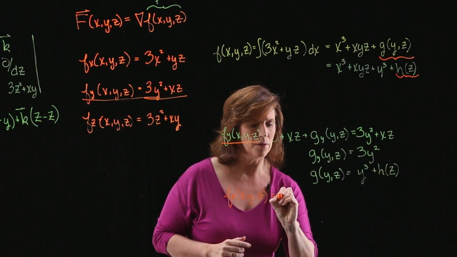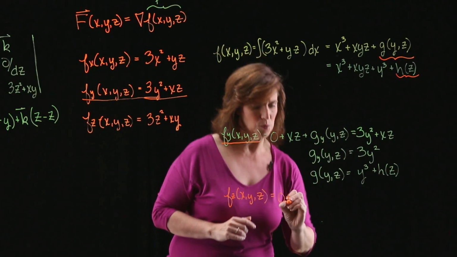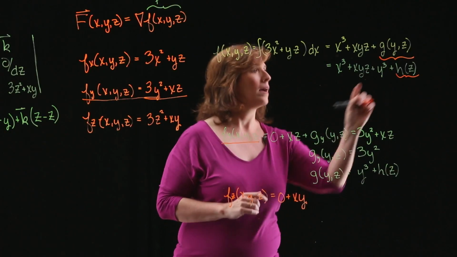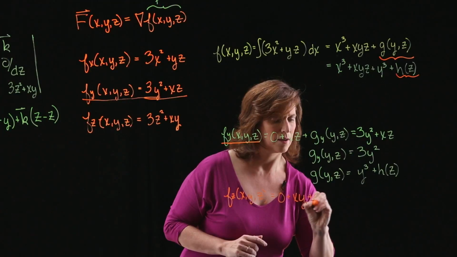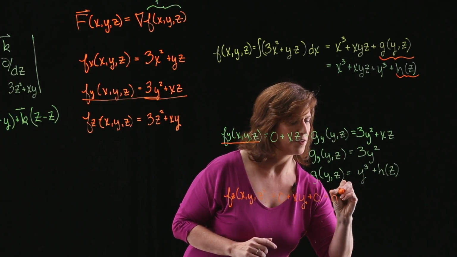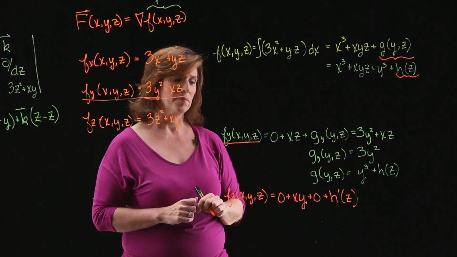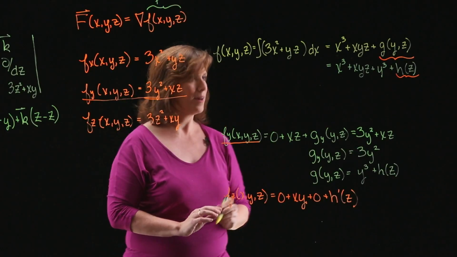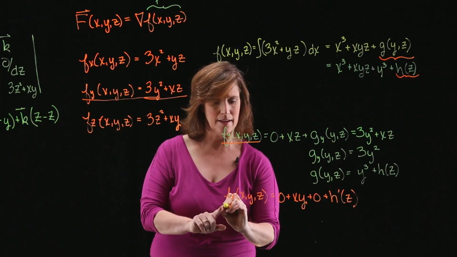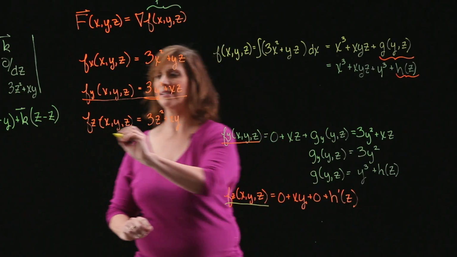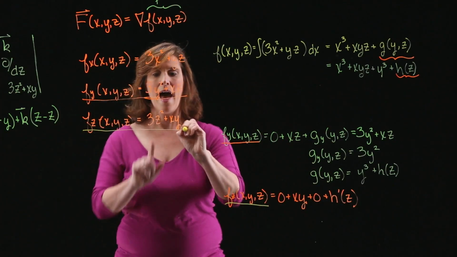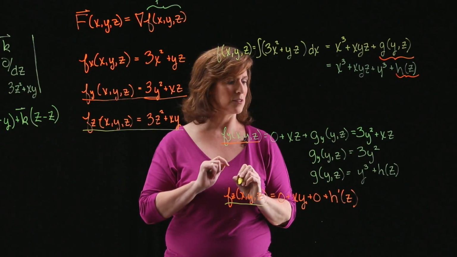So I'm going to have a 0 plus xy plus 0 plus the derivative of my function h at z. I know, though, that this is exactly the same thing as 3z squared plus xy.